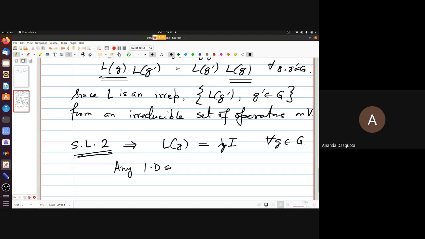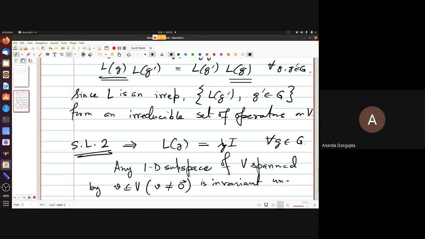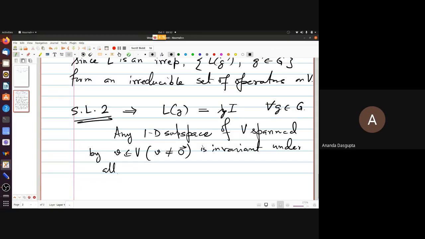And this simply means that any 1D subspace of V is invariant, right? With all the LG's being multiples of identity, take any vector, one vector with small v belonging to capital V, and apply all the LG's on that.